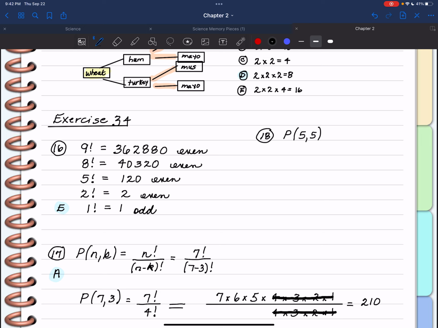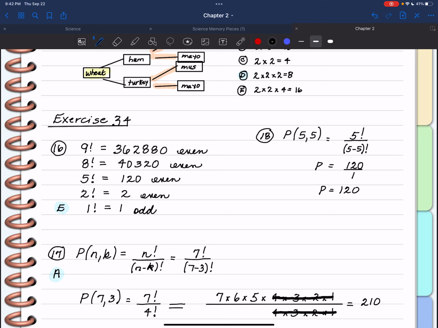But let me go ahead just for practice and do the equation here. So you have 5 factorial over 5 minus 5 factorial. So that's going to be 120 over 1, or 120.